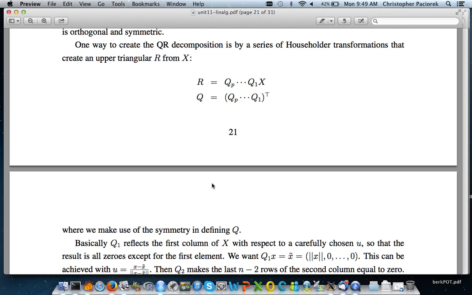I'm going to call this thing R2, whatever the result is in that first row of having applied these transformations. And then I'm going to get down here some X2 matrix.